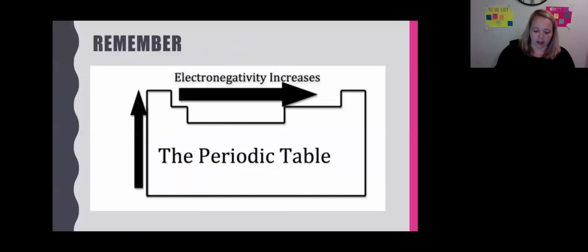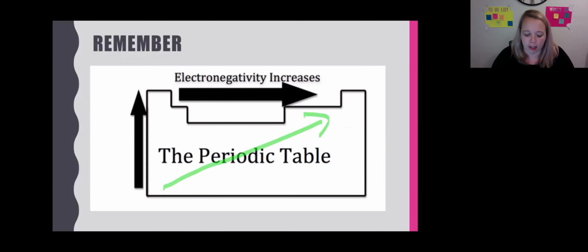So to begin with, let's go back and think about our periodic trends. The first periodic trend we're going to need to think about is electronegativity. That means that as you go from bottom to top and from left to right along your periodic table, your electronegativity is going to increase. So think about this guy over here.